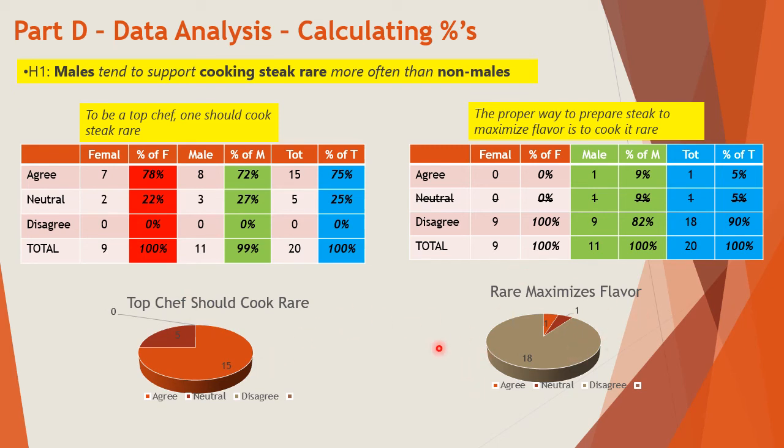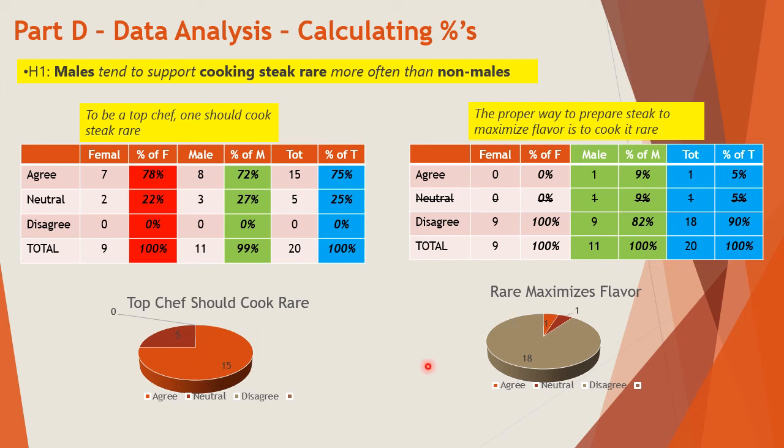And so this can also give you some interesting insight, so that even though maybe we know that a good chef would cook it rare, I don't like it, and so I'm probably not going to eat it. And so then it goes to, well, wait, what was my original hypothesis, and how would that apply?